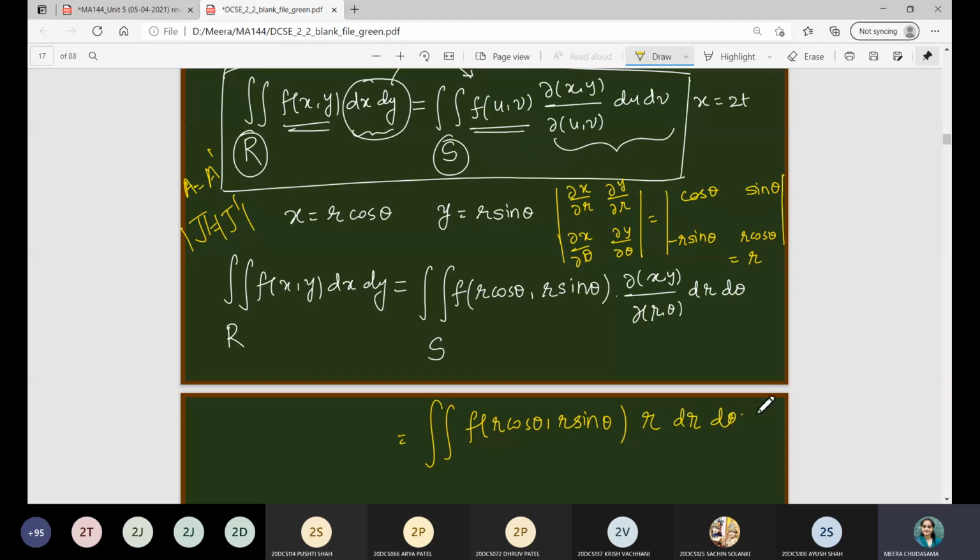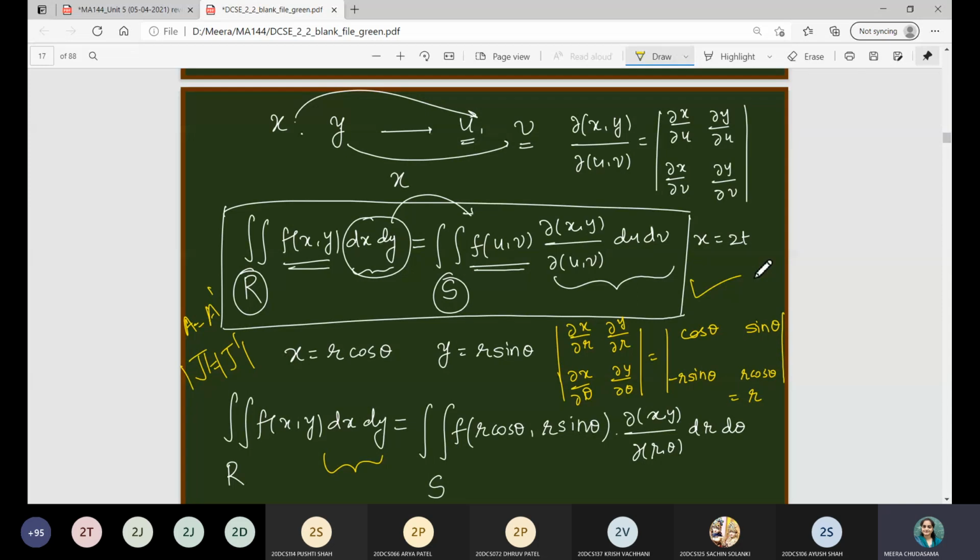It means whenever we convert Cartesian coordinates into polar coordinates, at that time you have to remember that dx dy will be changed to r dr d theta. This is what the general formula means. If you want to take any general transformation, in your syllabus this general transformation formula is not there.